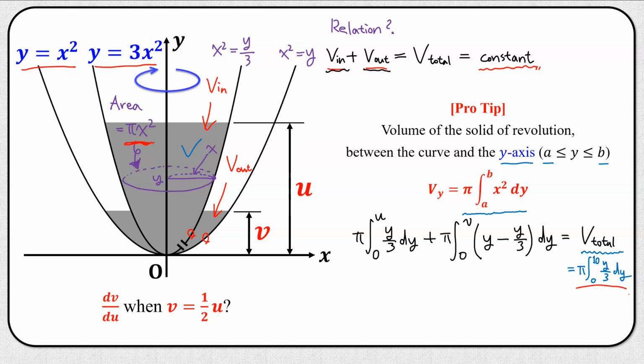But we are not going to use this value at all, so you can just ignore it. Here, let's divide by pi and write the equation as the integral from 0 to u of y over 3 dy, plus the integral from 0 to v of 2y over 3 dy, equals V total divided by pi.